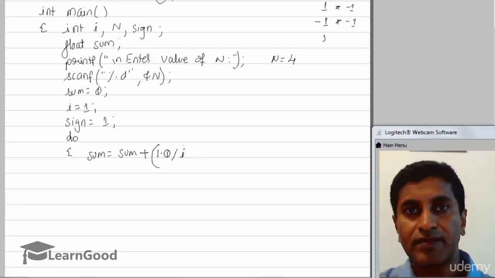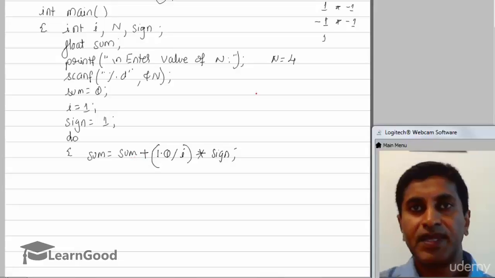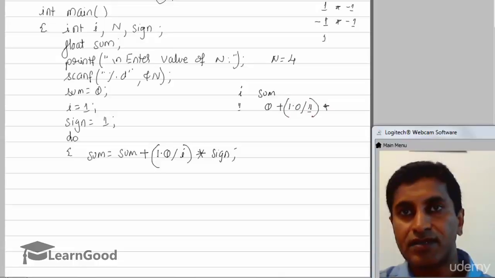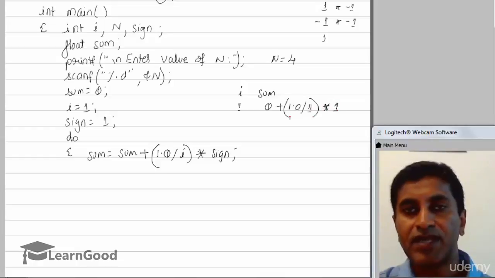This whole thing first we'll multiply with sign and then add to the previous sum. That means if your I value is 1 the first time, then sum is sum's initial value 0 plus 1.0 divided by 1 into plus 1, because the sign value is plus 1.